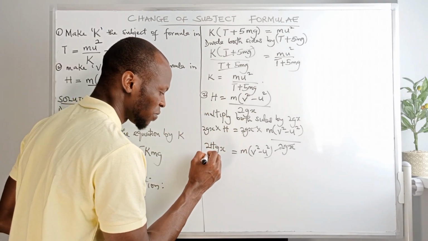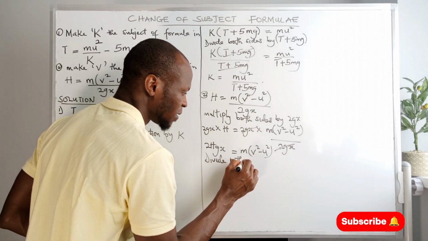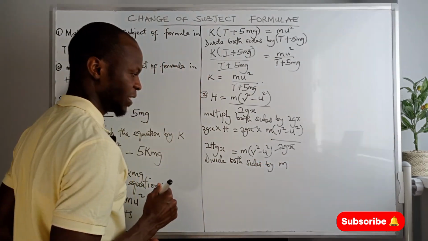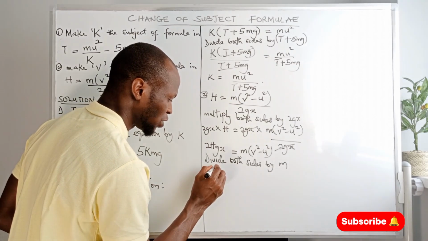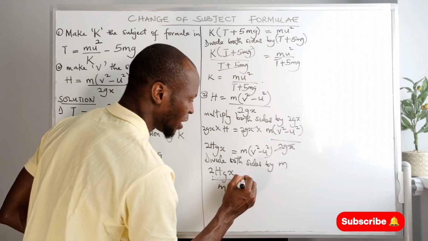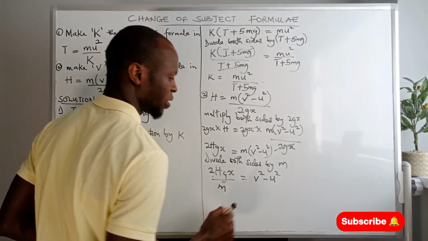Division. So I will say divide both sides by m. If I divide both sides by m, I have 2hgx divided by m equals phi squared minus u squared.